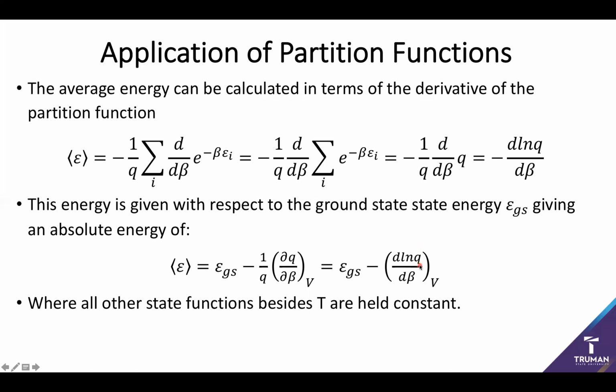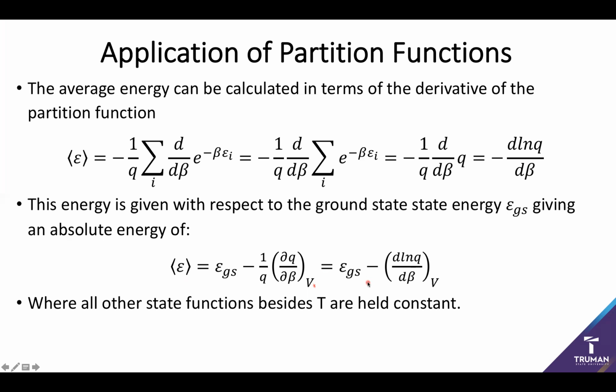Of course, the simplest to handle is the electronic partition function. Since the electronic partition function is just one, the average energy for the electronic component is 0. So all of the electronic energy is essentially held in the ground state energy, and we don't have to worry about any statistical mechanical contributions to the electronic energy.